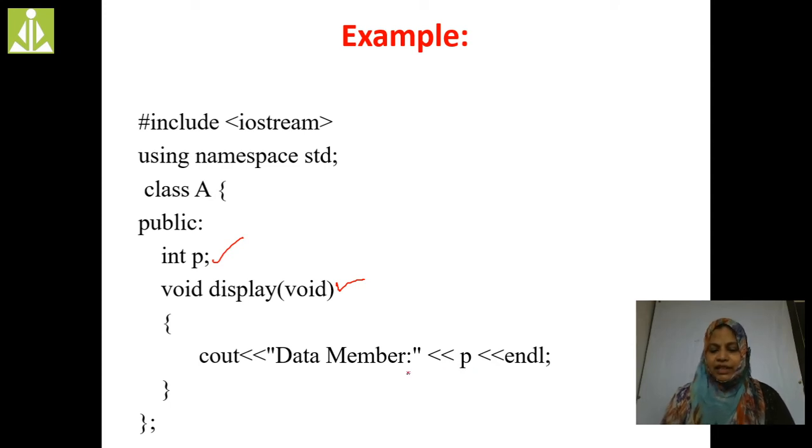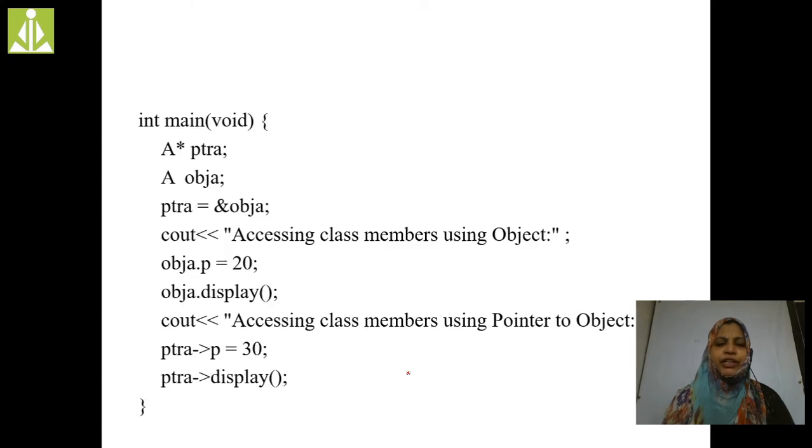Up to here clear? Next, now I am going to create the object for class A. Now I am creating the pointer to class A. See here, A star ptrA.